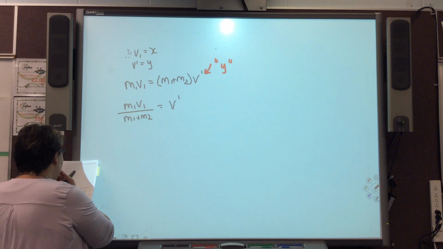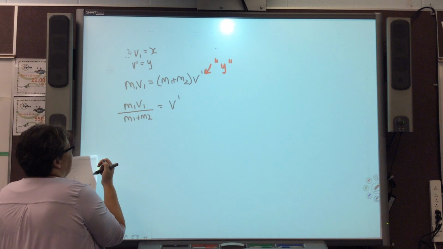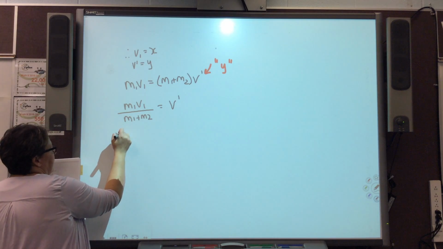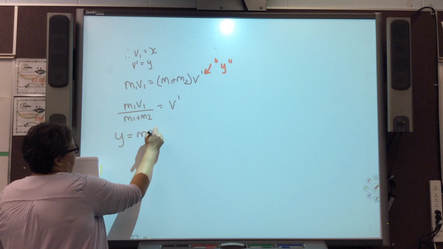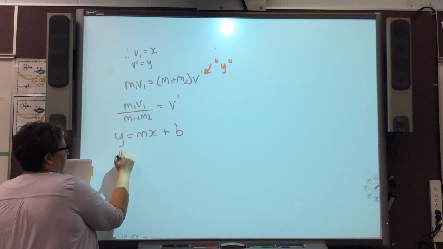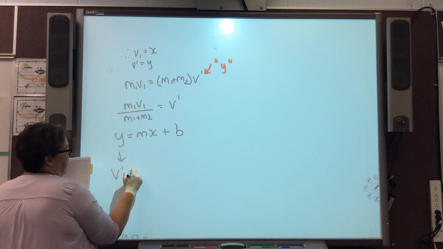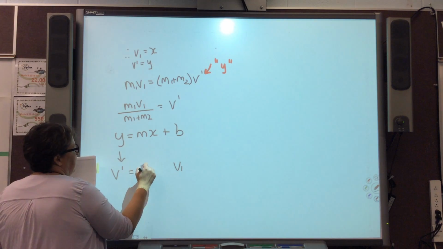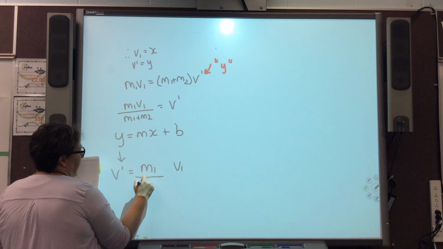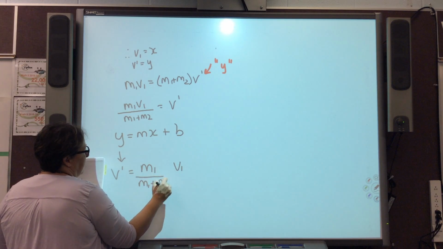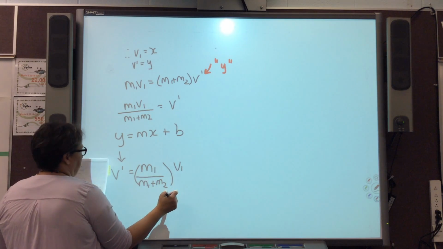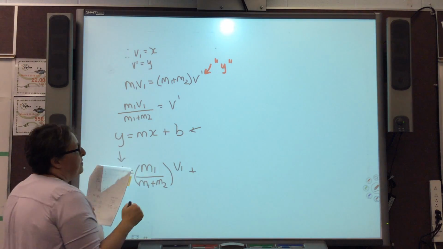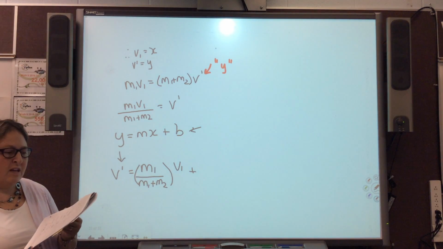And we know that V1 is X. So if we isolate out our slope, I'll just do this. So V prime, our slope here, because we need V1 by itself, is going to be M1 divided by M1 plus M2, plus B, and we have no intercept when we look at the graph.